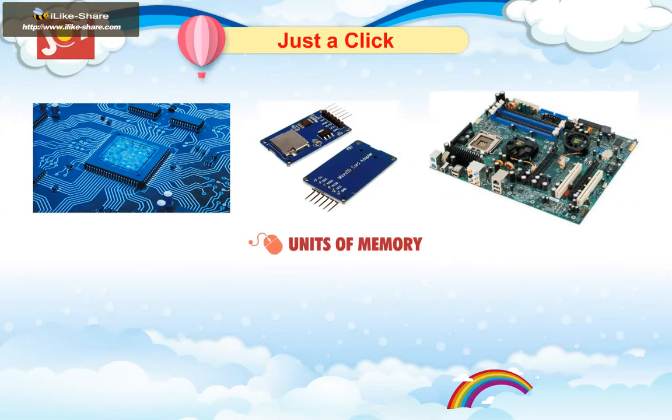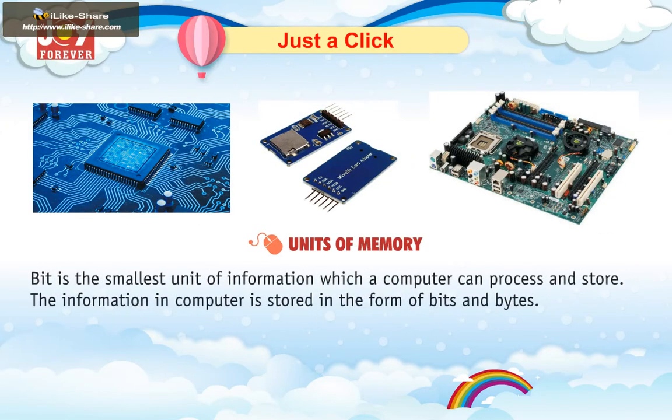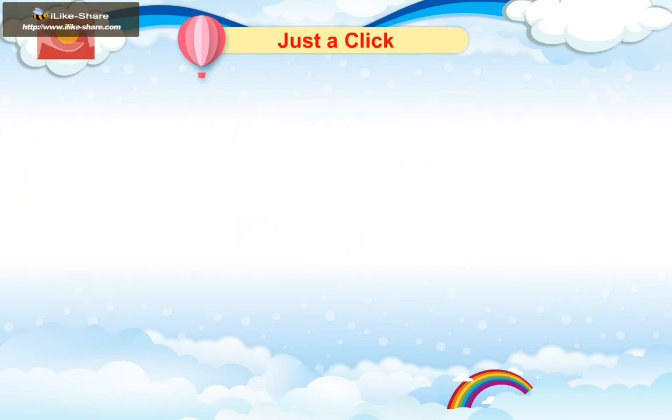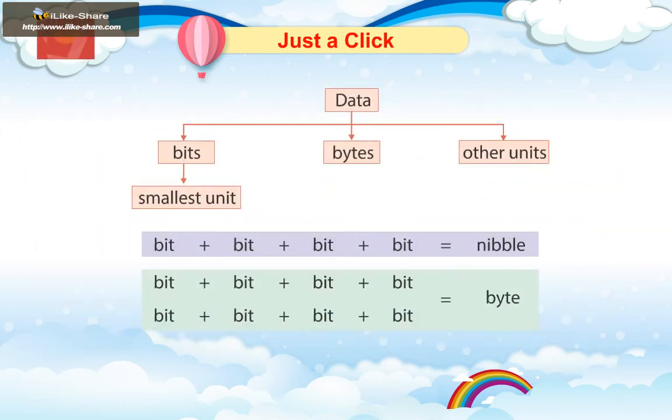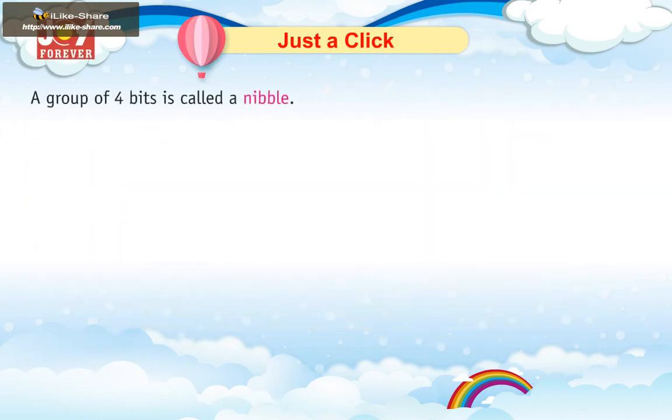Units of memory. Bit is the smallest unit of information which a computer can process and store. This information in a computer is stored in the form of bits and bytes. A group of 4 bits is called a nibble.